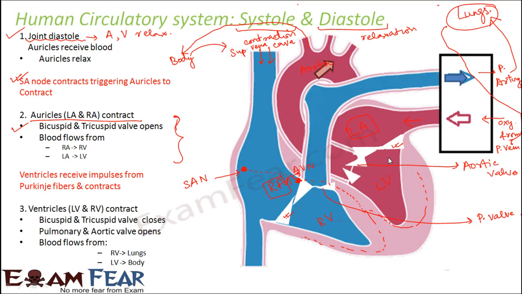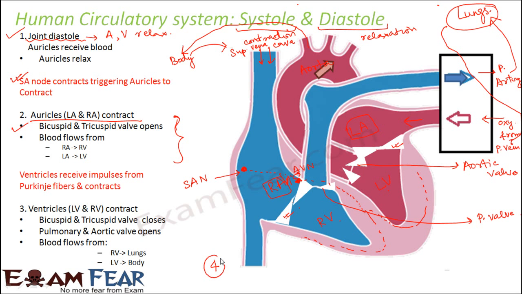If auricles are contracting, due to that high pressure the blood will flow fast into the ventricles. Similarly, when the ventricles contract, due to the high pressure the blood will try to flow out of the ventricles as soon as the valve opens. But now that the blood has already flown out, the ventricles will relax, the ventricular pressure will also fall, and as a result the aortic valve and the pulmonary valve will also get closed.